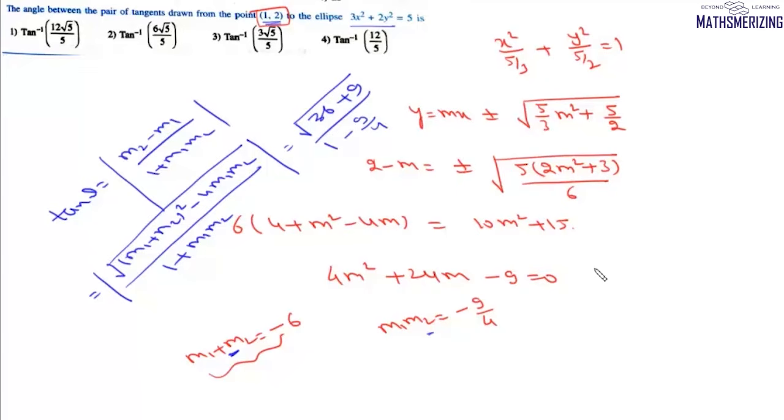So we'll get this as tan theta, and it'll be equal to under root of 45 upon 5 by 4, and we take a mod sign. Theta will be tan inverse, and should be 12 under root 5 upon 5, and that's your option number 1.